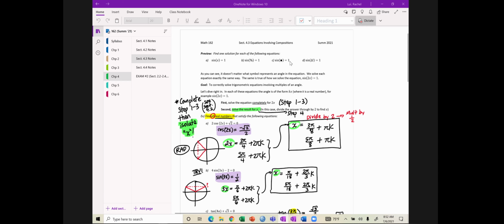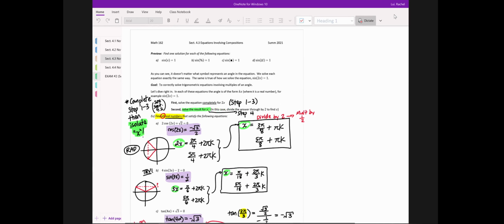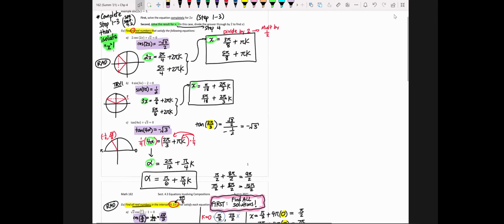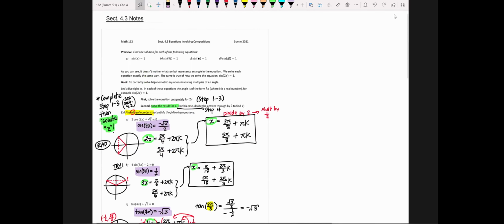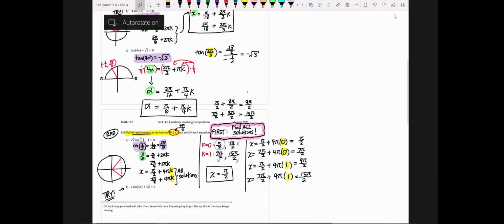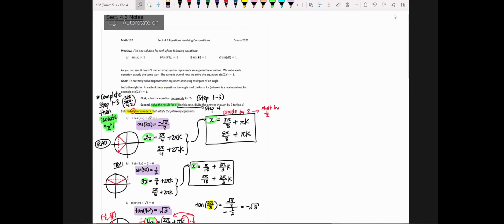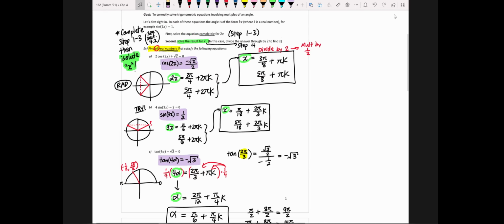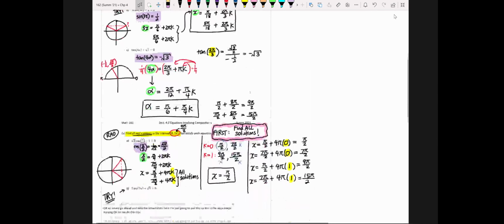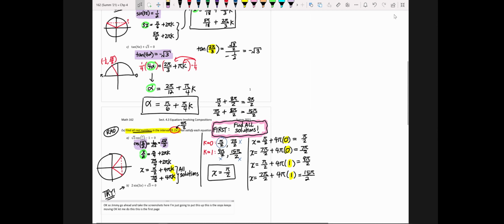Okay, so Jimmy, go ahead and take screenshots here. I'm just going to put this up. This is the first page. I don't know why it's moving up like that.